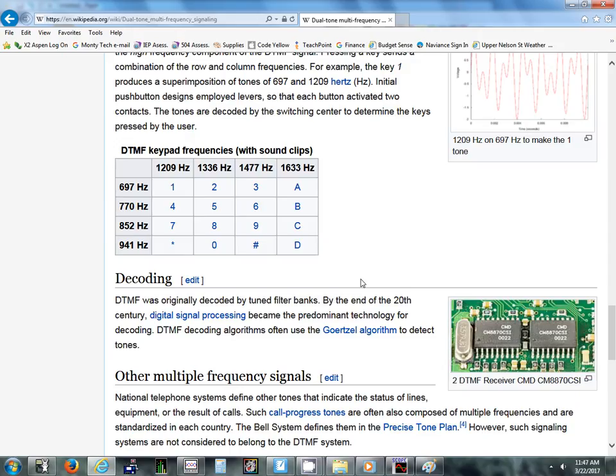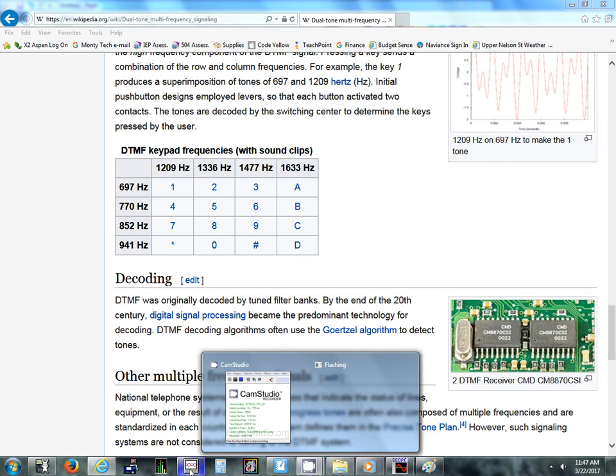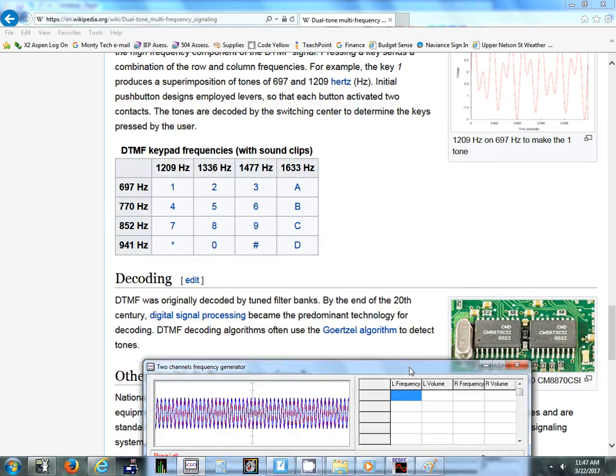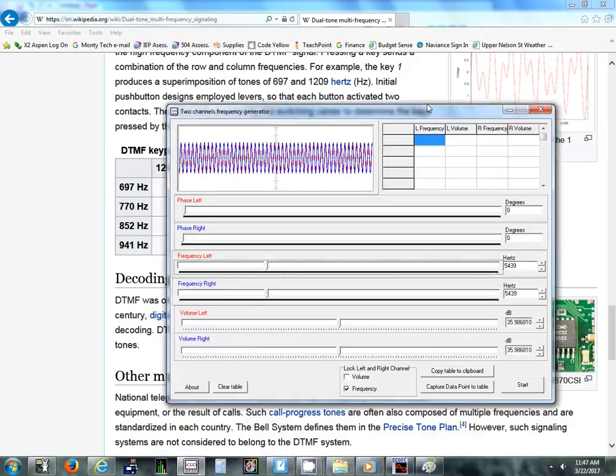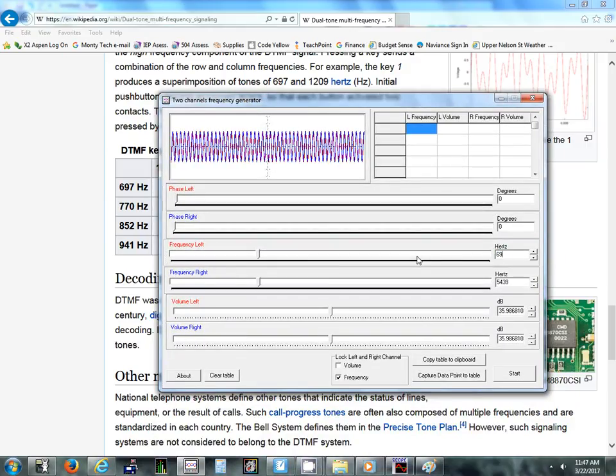So right there is the chart of the different frequencies that when you press a button on your phone, that's the sound you hear. So if I wanted to generate the sound for a 1, all I have to do is play 697 and 1209. What I'll do first is I'll play just 697. Okay, so you can hear that.